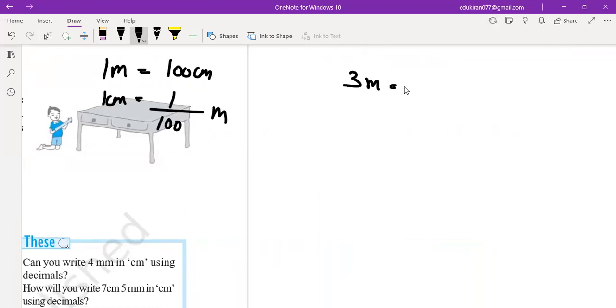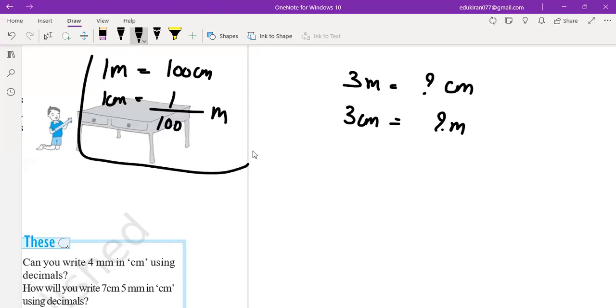First of all, if there are 3 meter, convert it into centimeter. And if it is 3 centimeter, convert it into meter. Clear? You will do this and you will tell me the answer. First write these conversions and then do this.